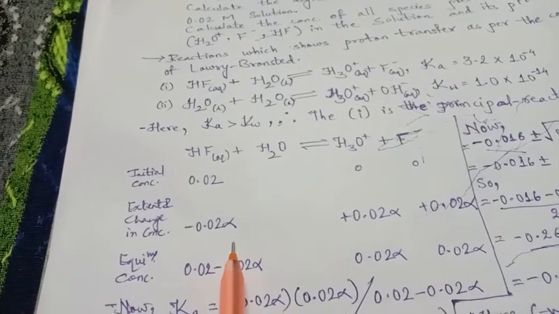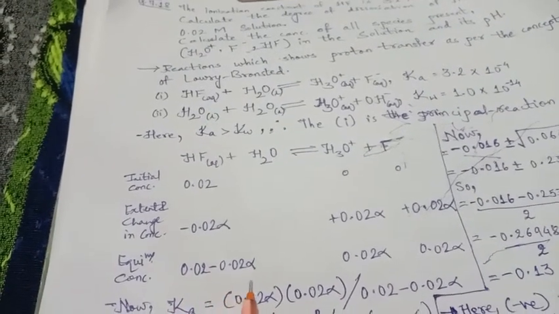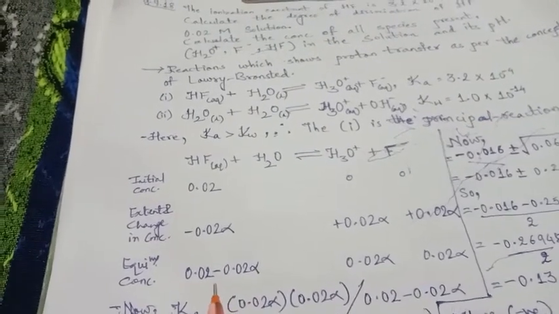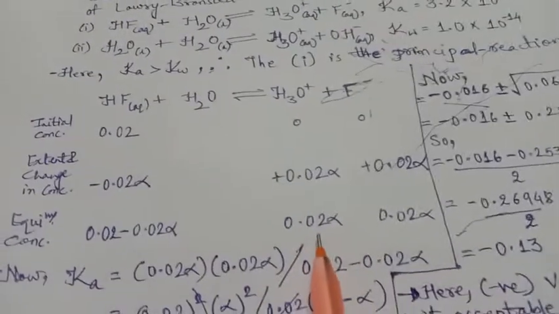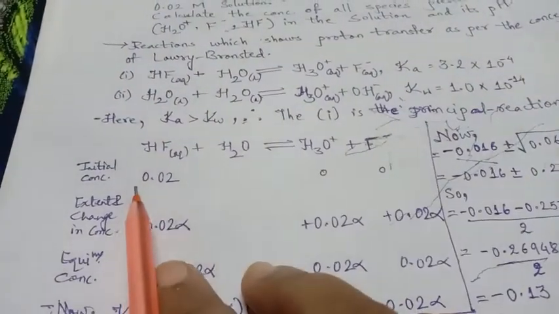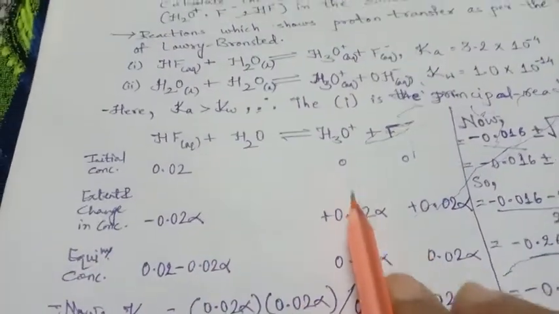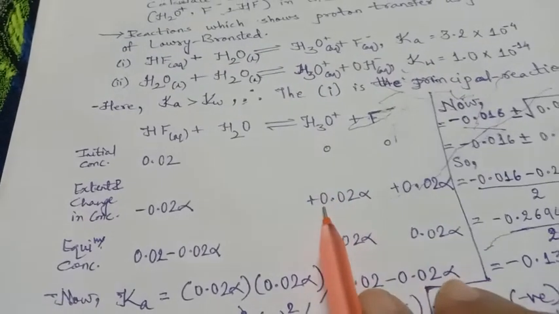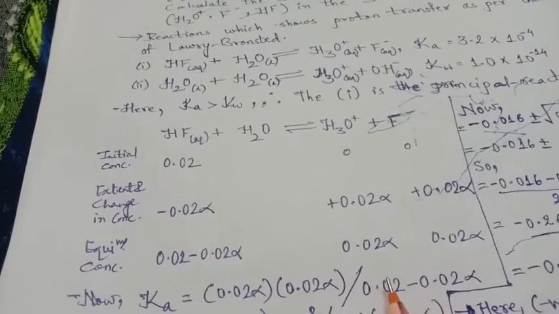When we subtract 0.02 minus 0.02 alpha, then only we will get the amount which is unused and still left out. For the product, initial is 0, so 0 plus 0.02 alpha will be 0.02 alpha.